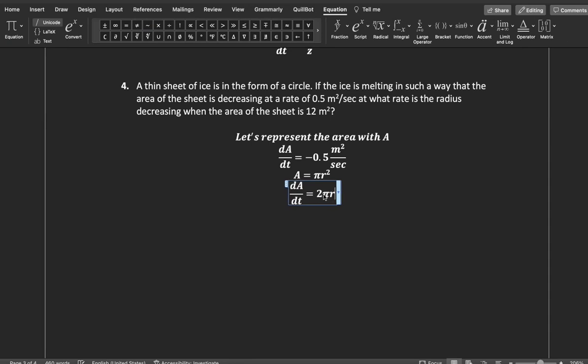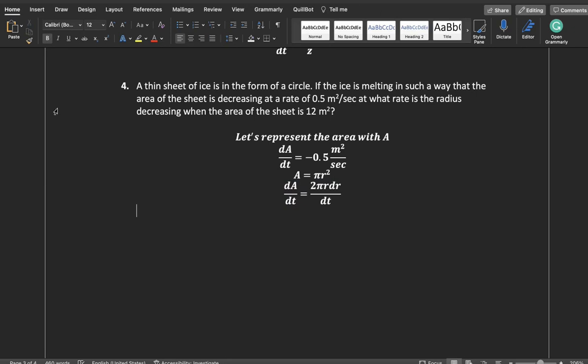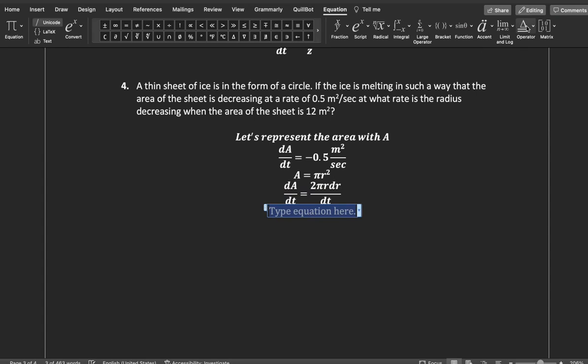The 2 comes down, multiplied by r, multiplied by dr dt, the change in radius over time.